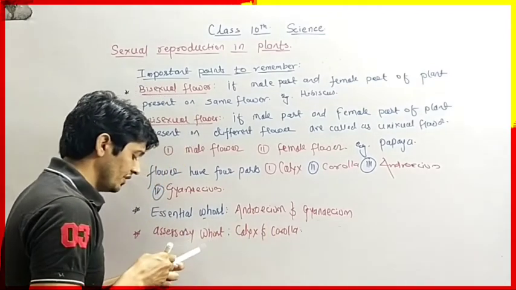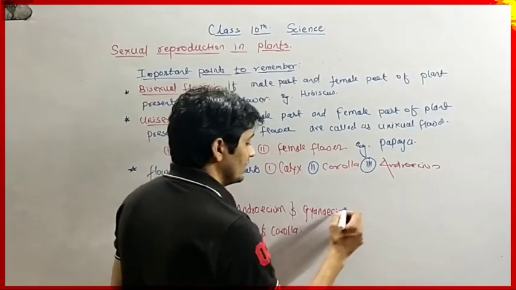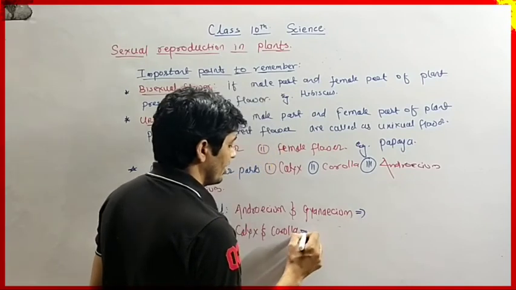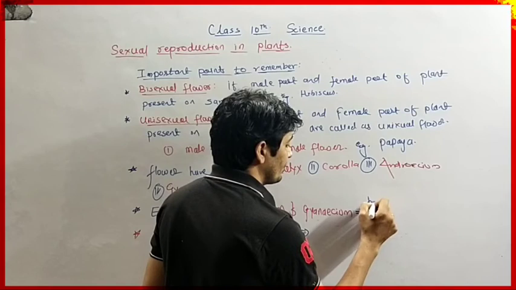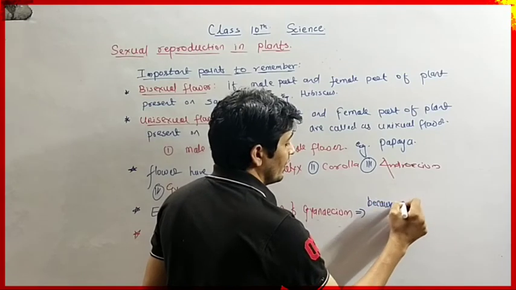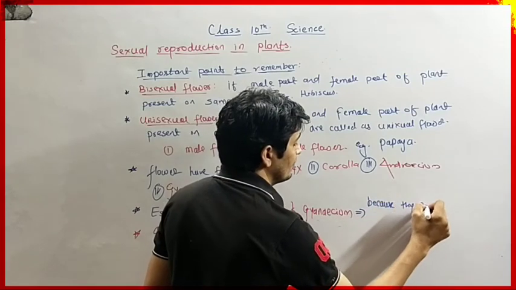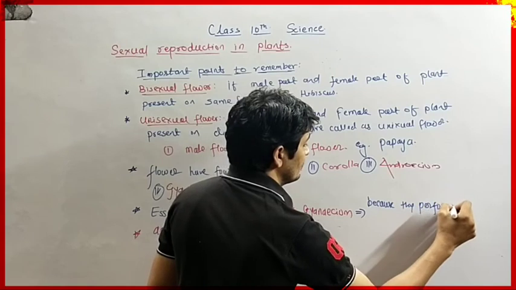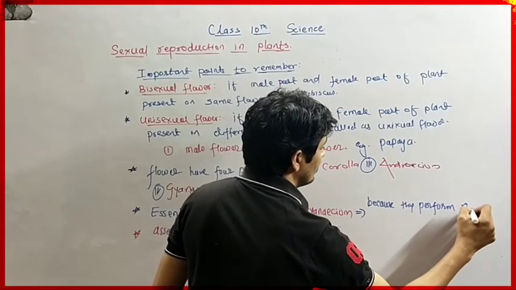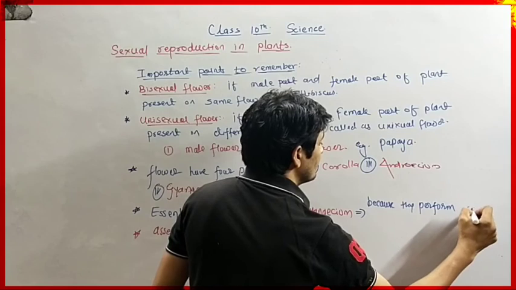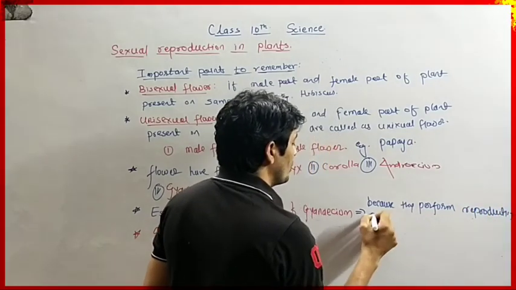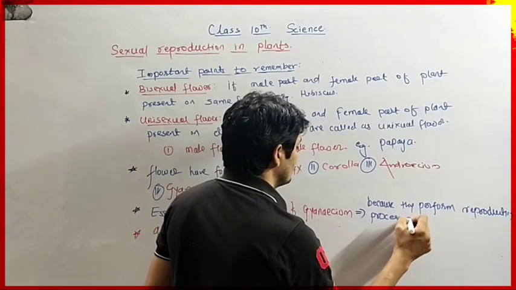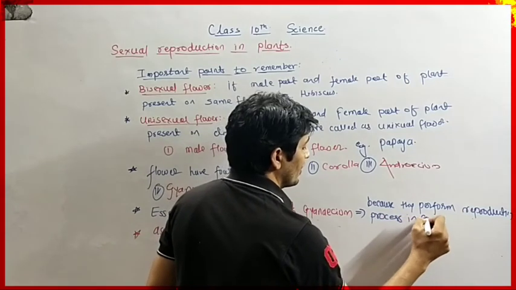Now we have to write the reason why they are called essential and accessory, because they perform the reproduction process in the flower.